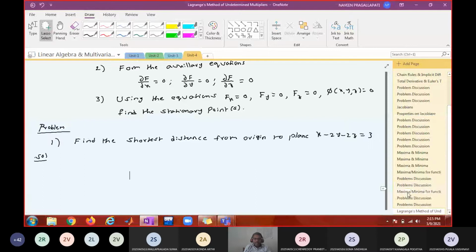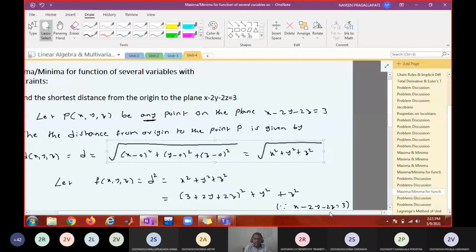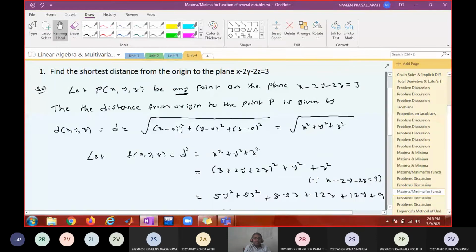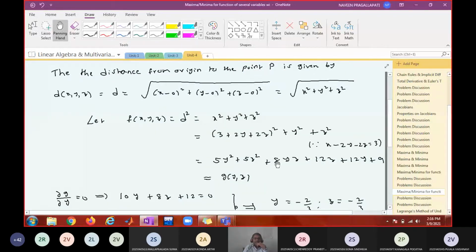So in your notes, you please write down all these points again. Let P of x, y, z be any point on the plane. Then the distance from origin to P is given by this one. Please write down in your notes. And then take this d square as objective function, which is this one.